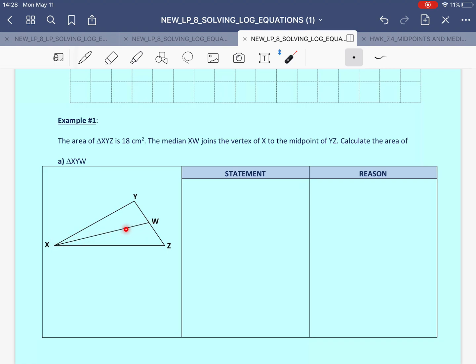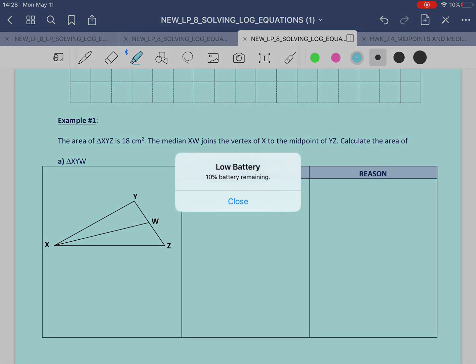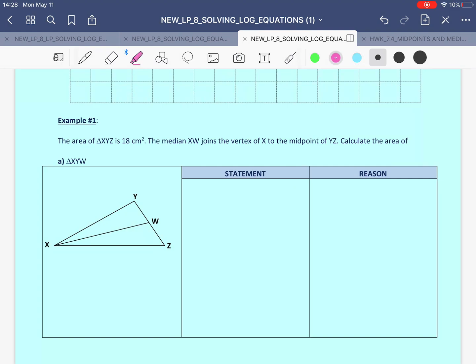The median XW is joining the vertex X to the midpoint of YZ, which is W. We have to find the area of the triangle XYW. So in other words, we need to find the area of XYW. So this triangle here.